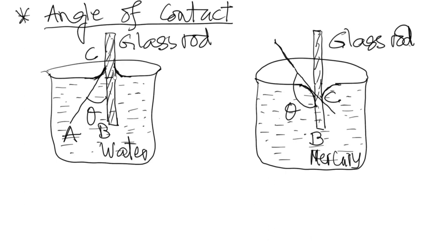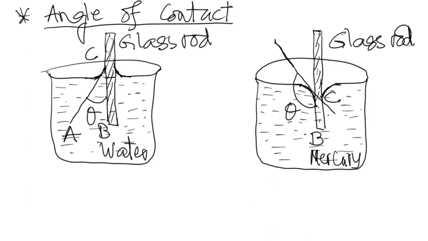On the other hand, when the liquid does not wet the solid, for example, mercury that we have shown here, mercury and the solid glass rod, the liquid surface falls a bit. You see here and here.